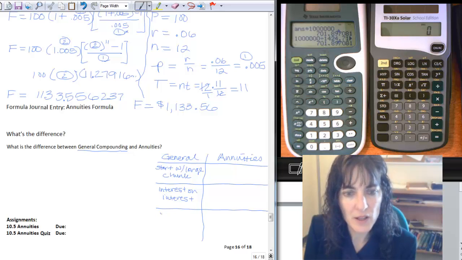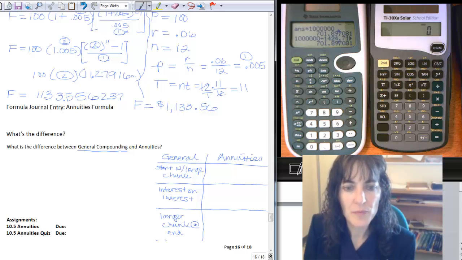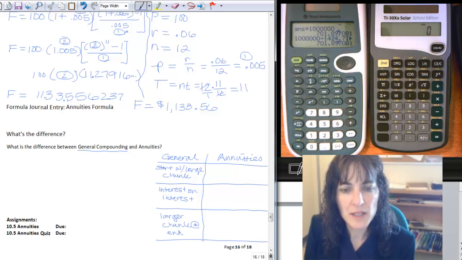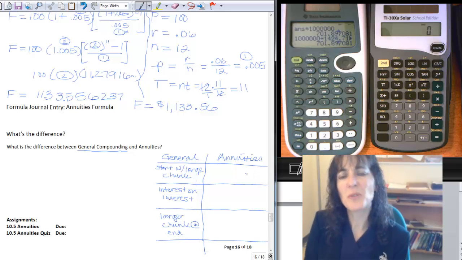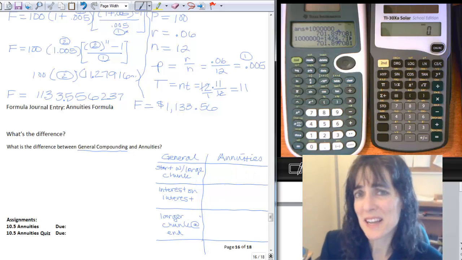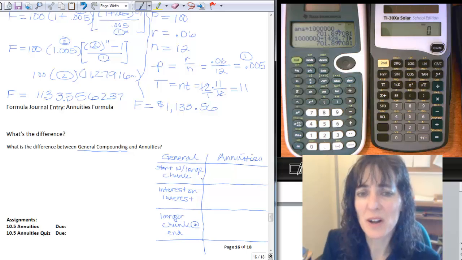And then we get a larger chunk at the end. And compared to the annuities, it's the exact same total amount. The interest isn't calculated differently.